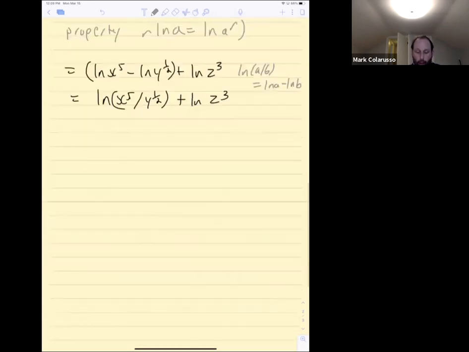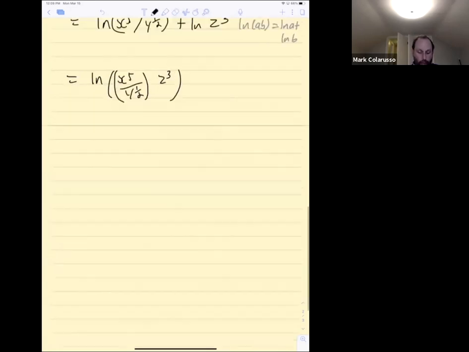And then I can use the product property, ln a times b is ln a plus ln b, in reverse, and you can write this as ln of x to the 5th times z cubed over y to the 1/2.